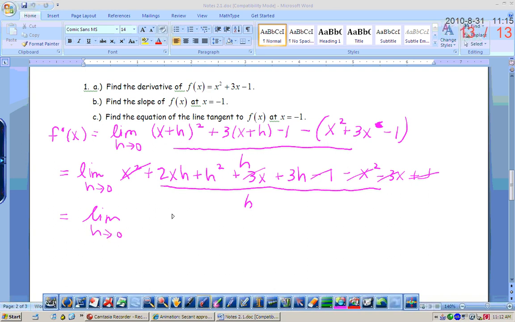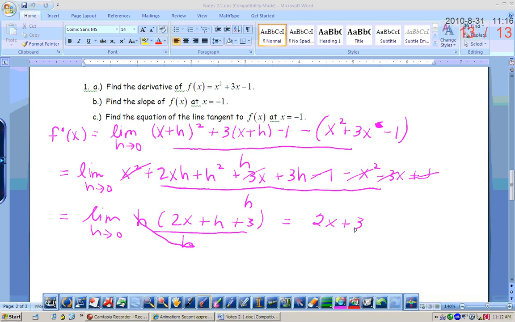Notice that everything left in the numerator has an h in it, so I'm going to factor an h out, so that the h's will cancel. And now I can plug in my h, and what do I get? Or plug in my 0 for h. Not yet.